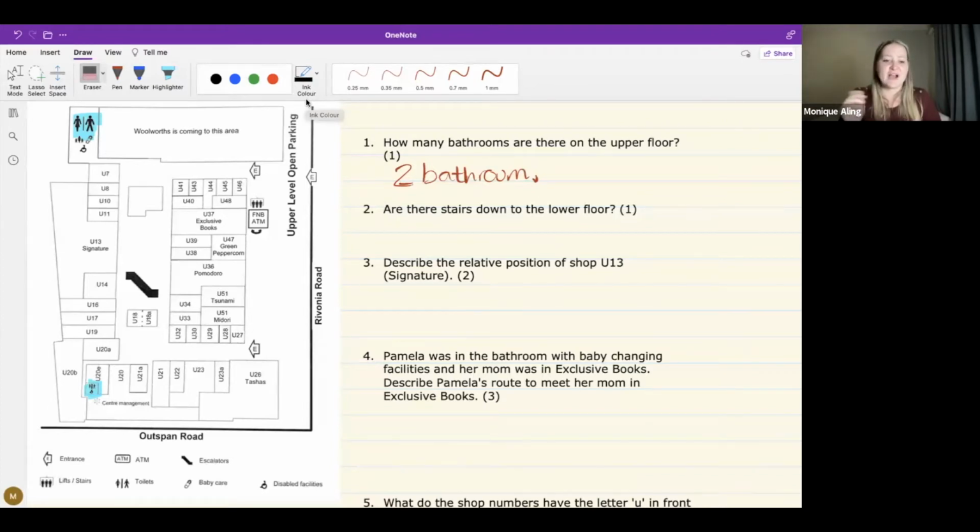It's all about how you see this. The answer is no. There's an escalator shown on the map that takes us to the lower ground. There are lifts and stairs outside, however, but it's not indicating what level it takes you to. So specifically in the mall, you can see that that escalator takes you from the upper to the lower level. So no, there's an escalator.